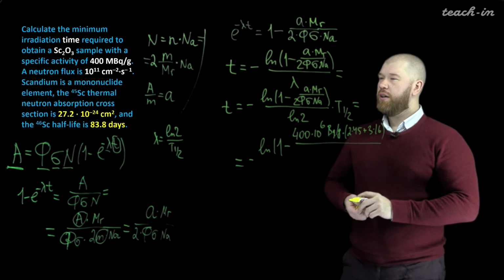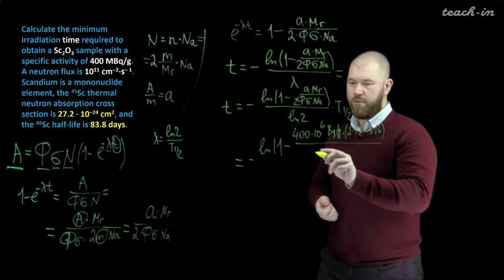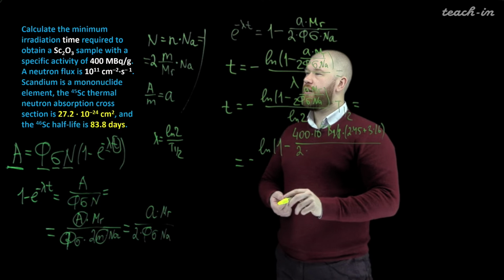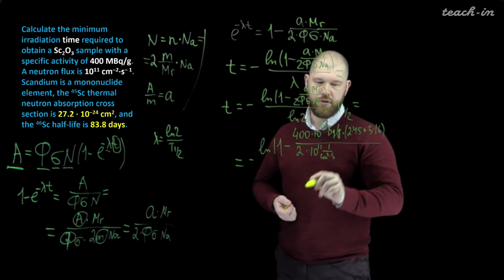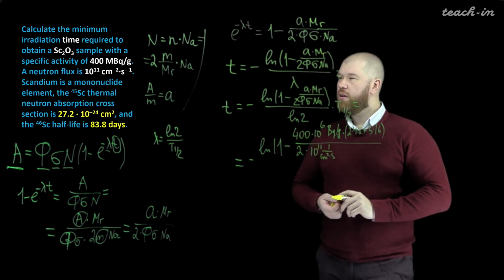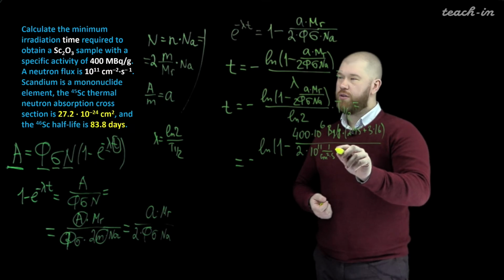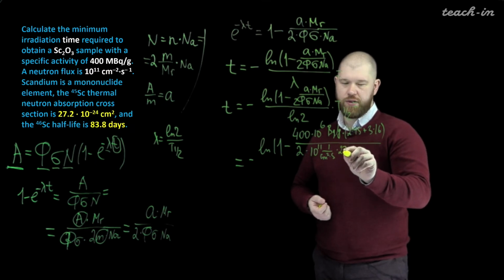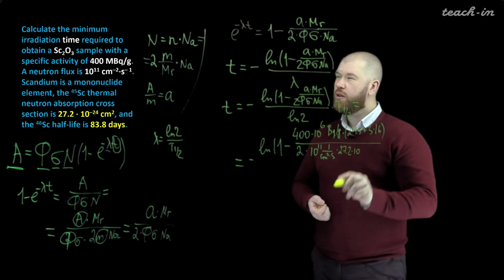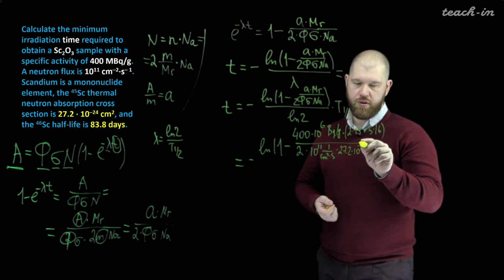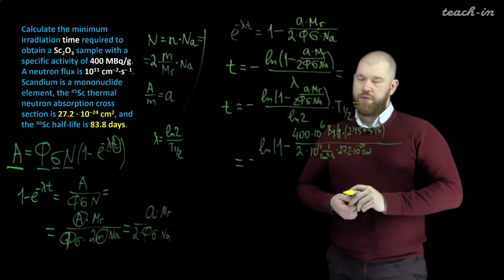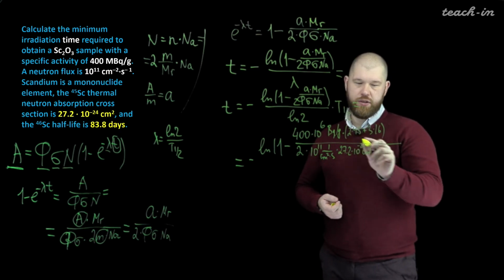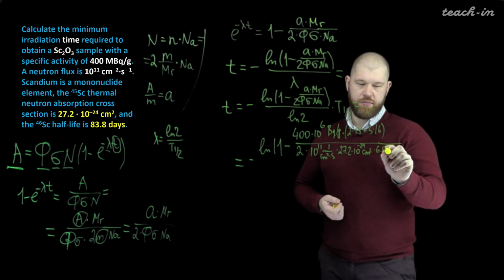And then divided by 2, the neutron flux, which is equal to 10 to 11 per square centimeter per second. Then the cross section is equal to 27.2 times 10 to minus 24 square centimeters. What else? The Avogadro number, of course.